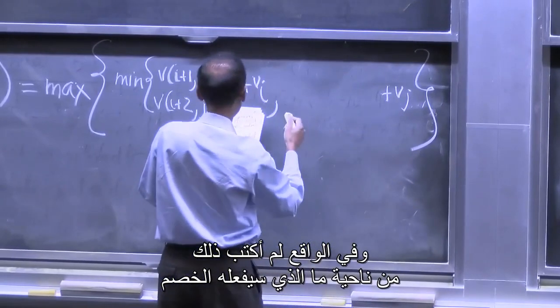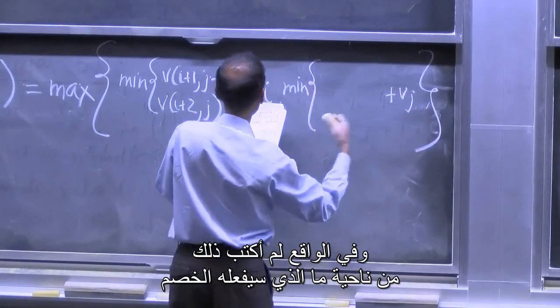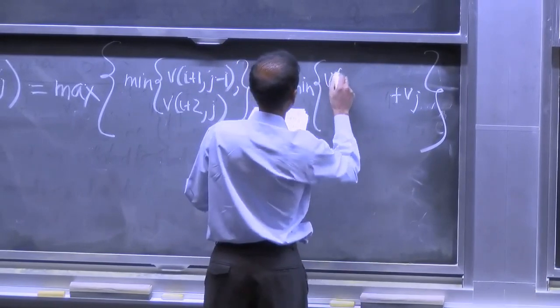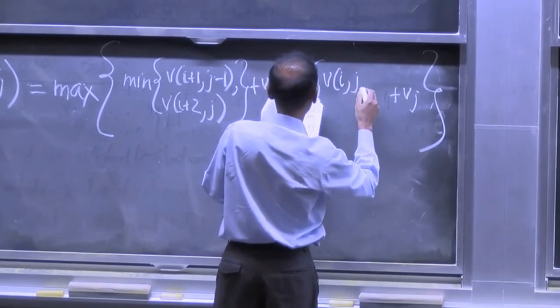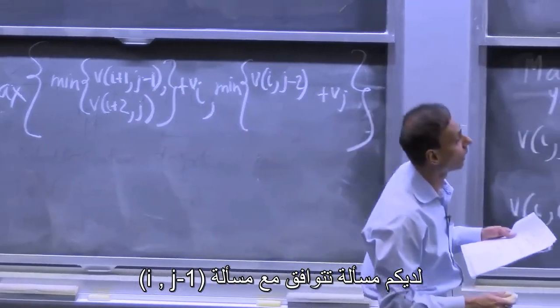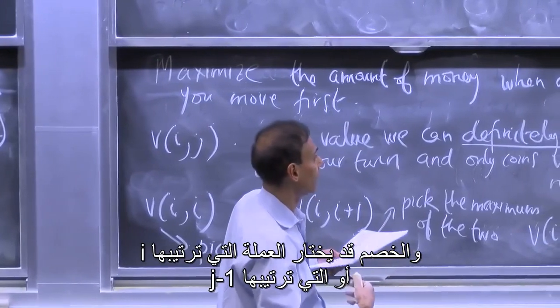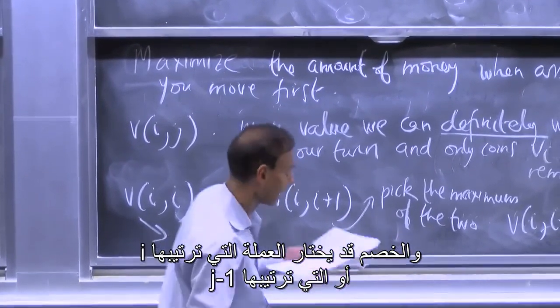And I didn't actually write out what the opponent would do in the other subproblem case, but it's really pretty straightforward. You have a problem that corresponds to the (i, j-1) problem, and the opponent could pick the ith or could pick the (j-1)th.